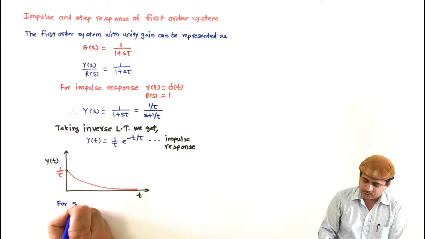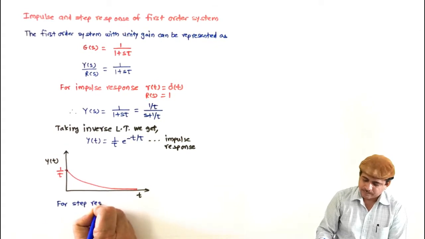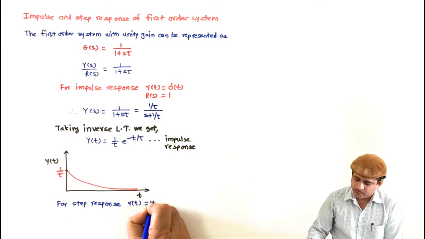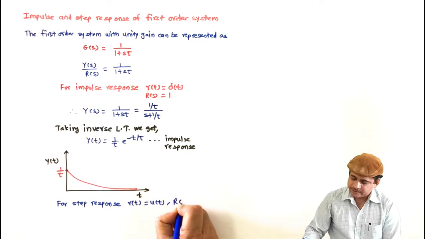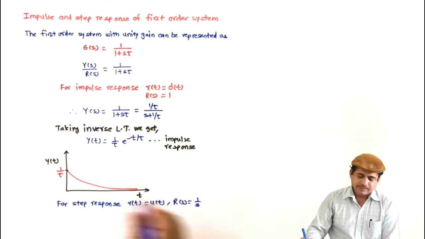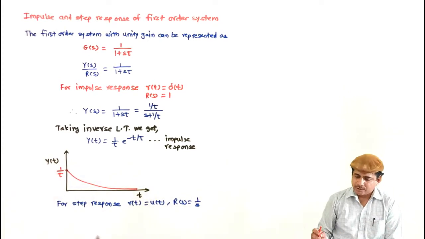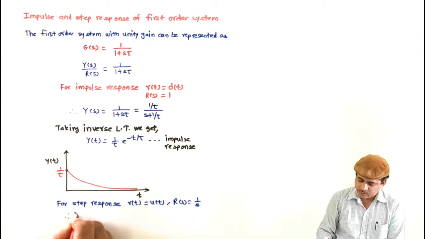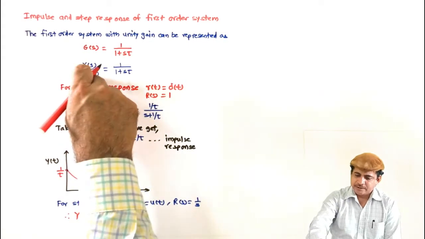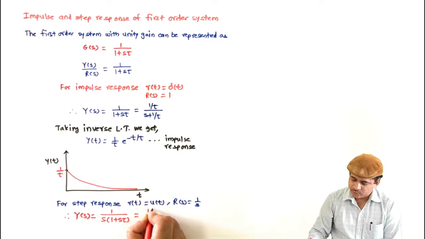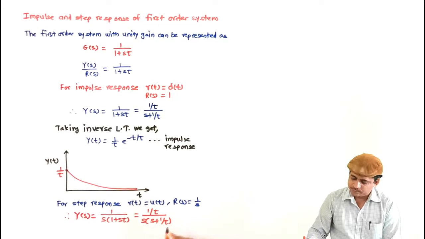Then for step response, R of t is U of t, and hence R of S becomes 1 by S, because Laplace transform of step signal is 1 by S. So then Y of S becomes 1 upon S into 1 plus S tau, that is equal to 1 by tau upon S into S plus 1 by tau.